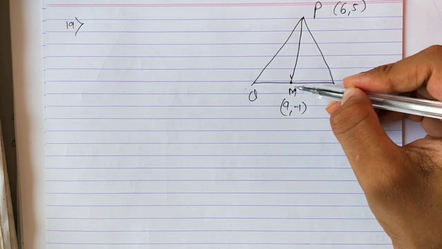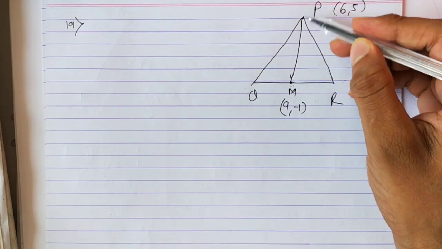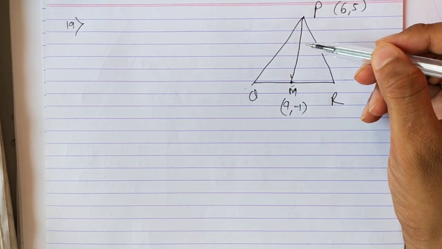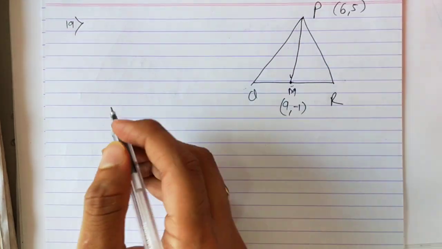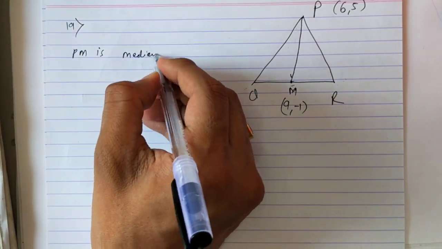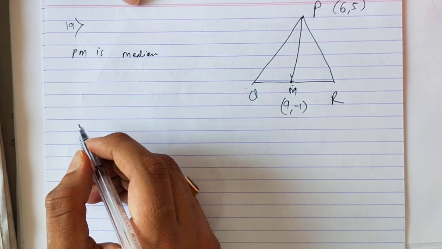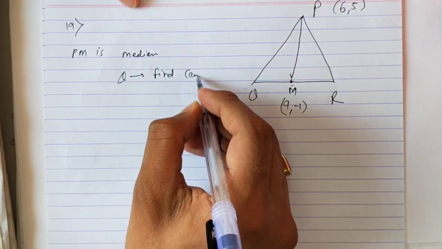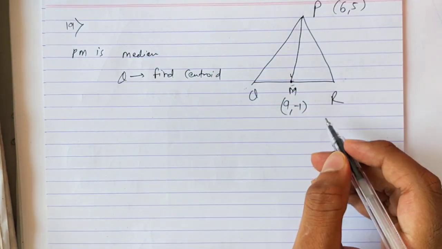And join this. If M is the midpoint, that means PM is median, because the line which joins the midpoint is nothing but the median. So PM is median. I'll write here PM is median. Now the question is to find the coordinates of the centroid.